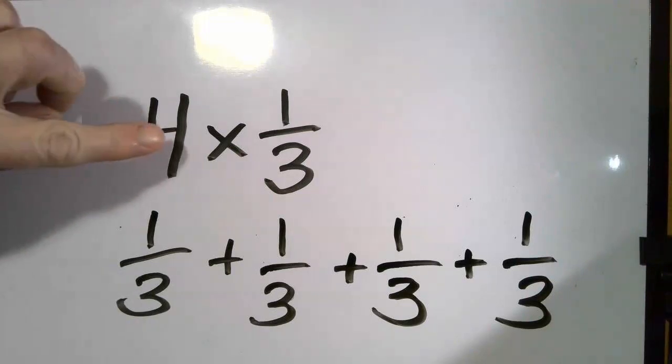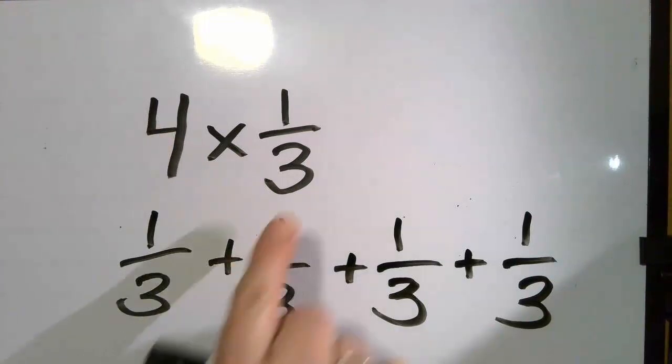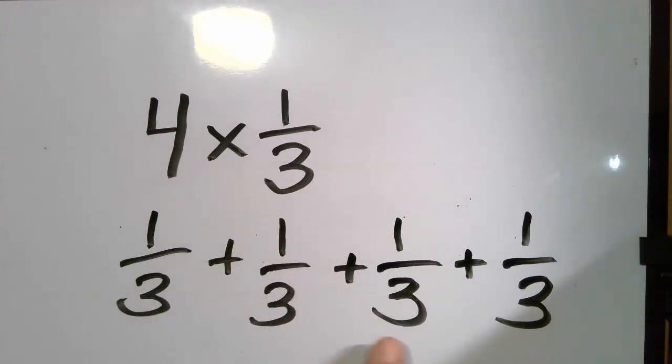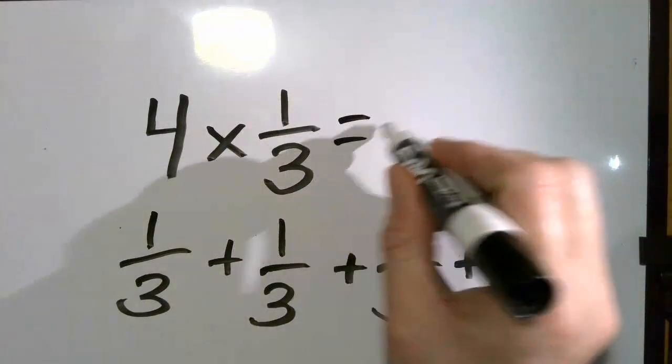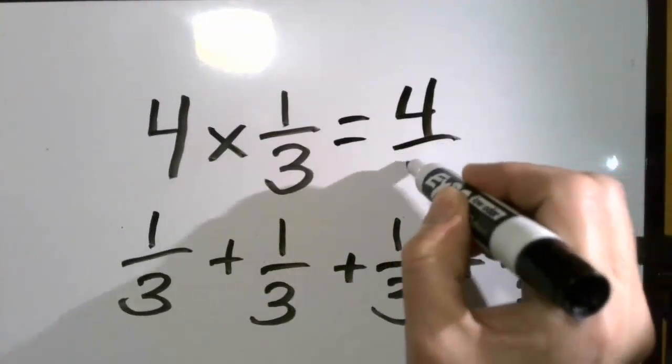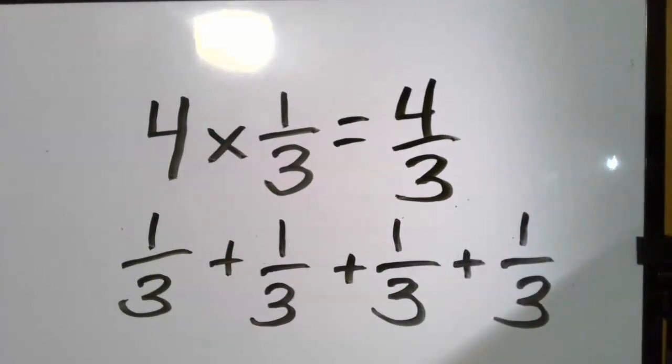I'm showing 4 times 1/3. So how many thirds do you see here? 1/3 plus 1/3 plus 1/3 plus 1/3 equals 4 thirds.